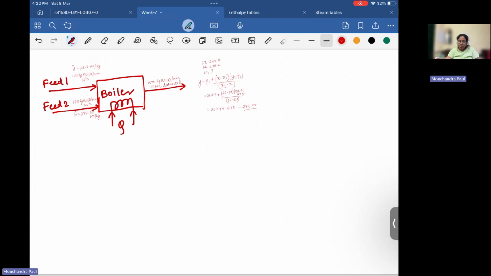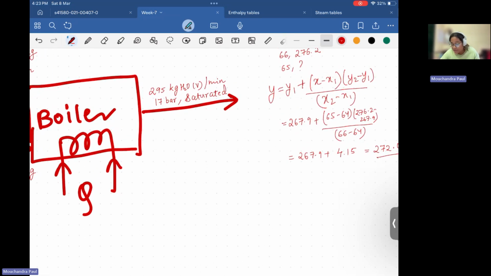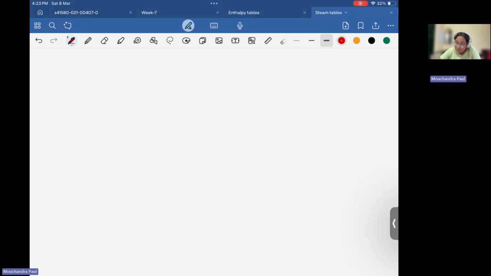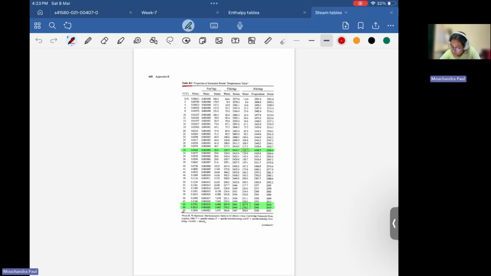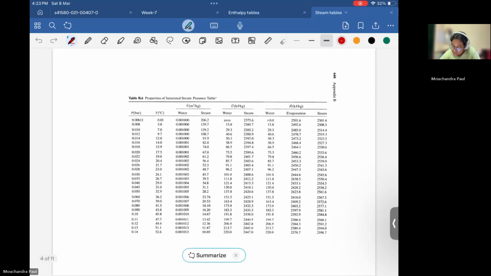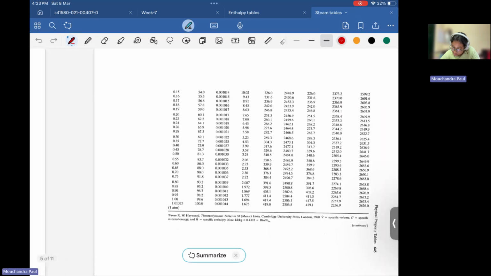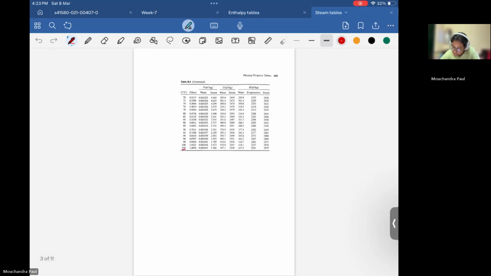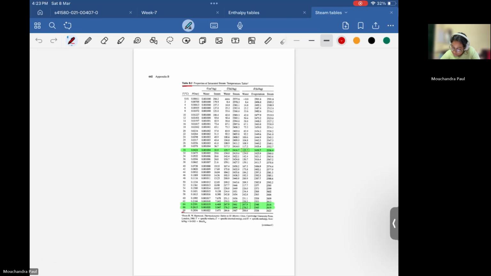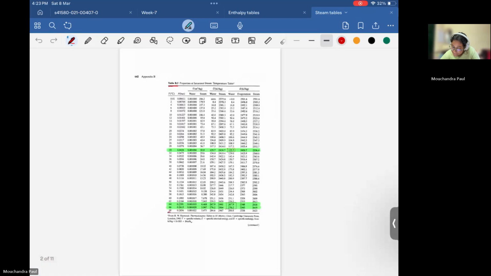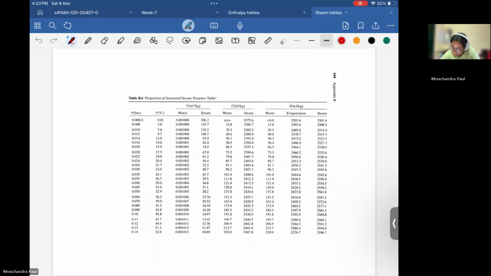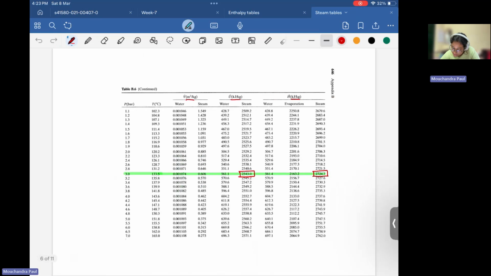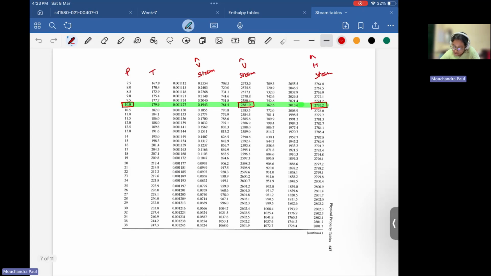Now we have the values. Also, if you look at the pressure that is given, that is 17 bar saturated vapor. If you again go back to the steam table, for the saturated steam pressure table, yes, pressure table, there you go.